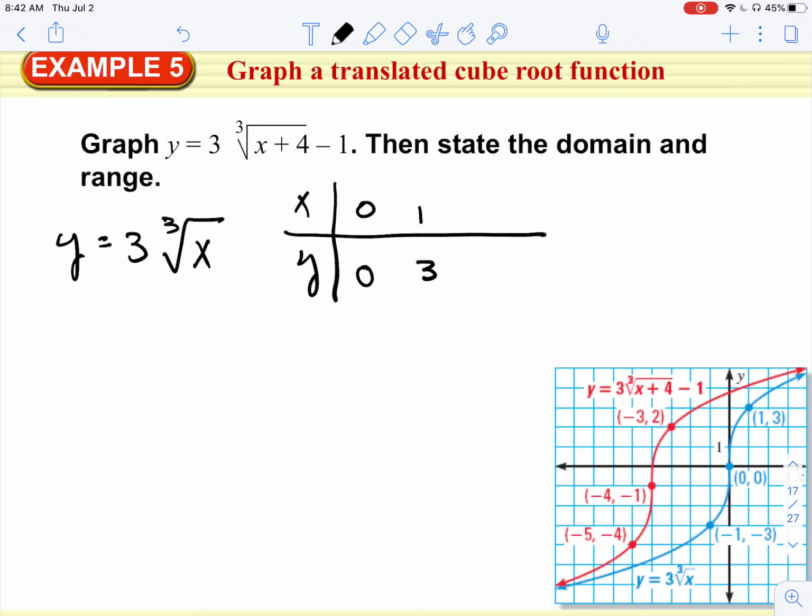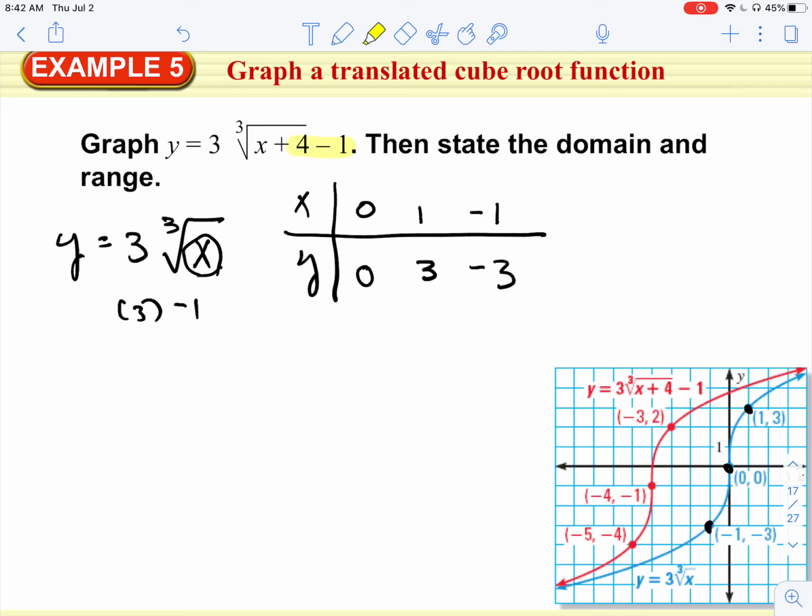So we can start there. I can do a -1 when it's a cube root, which is important. If I plug in a -1, I get out -1 times 3 is -3. So I plot those points with my base function, there, there, and there.